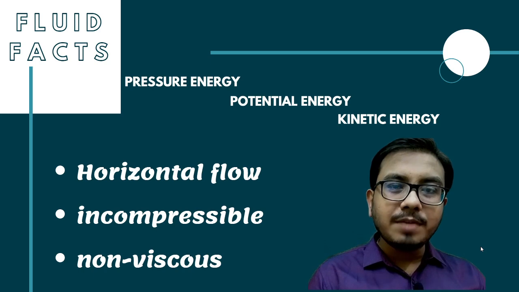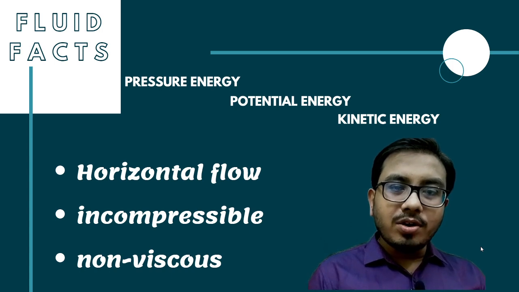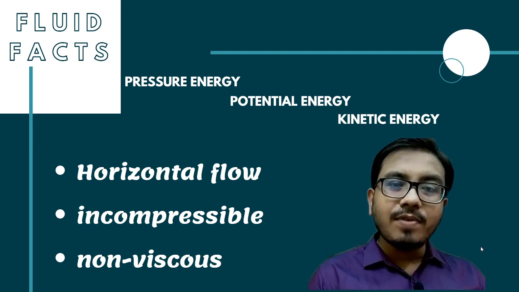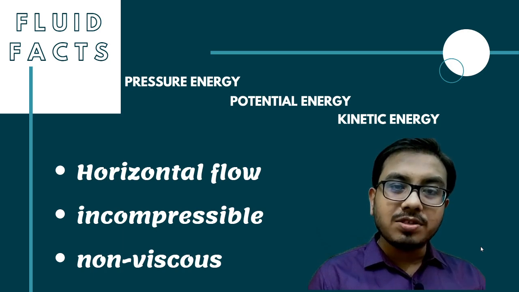So we have to keep in mind that drastic change in fluid velocity should be avoided. That is the only reason we are considering the horizontal flow of fluid. The drastic change of velocity of fluid occurs in vertical flow of fluid where sharp transition of fluid takes place.